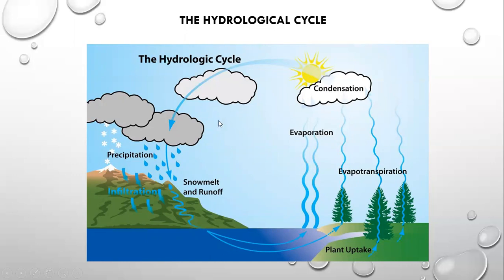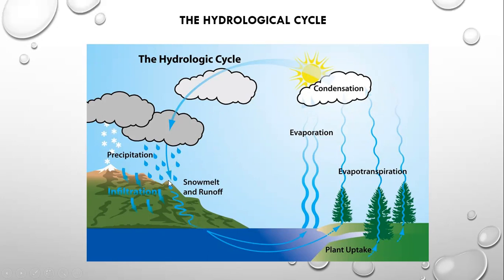Now, when these clouds are formed, they tend to have what we call humidity. That is the amount of water vapor they contain. So when the amount of water vapor contained by the clouds reaches the maximum point, it starts falling in form of precipitation.